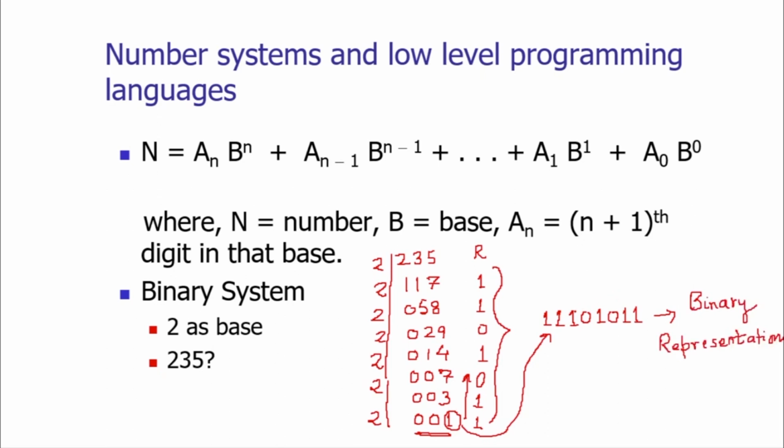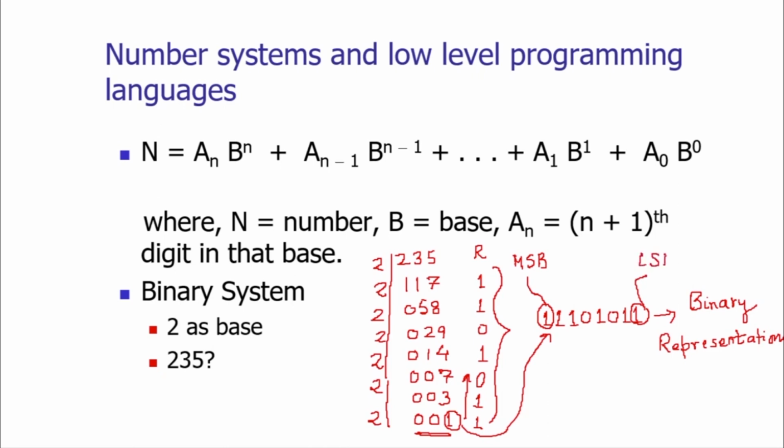Fine. So the bottommost digit is the MSB, the most significant digit, and the topmost digit has the least significance.